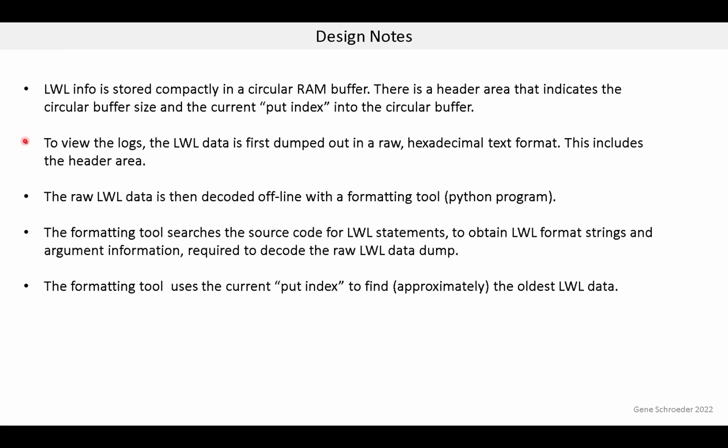So to view the logs, we dump the LWL data in a raw hexadecimal text format. And this includes the header area that has the put index. Then we take that raw data and we decode it offline using a formatting tool that happens to be written in Python.